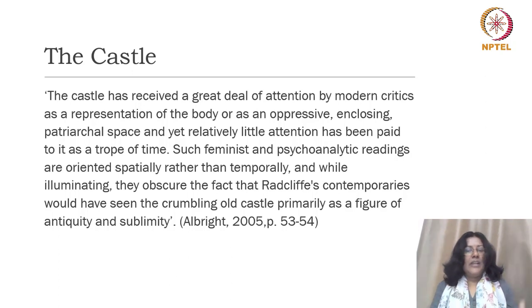So that is the point Albright is driving home here. Yes, it's a patriarchal space. Yes, it's a representation of a body, but most importantly, it's an object of antiquity. It's an object from ancient time, from the Middle Ages, from previous time, and this kind of castle evokes feelings of sublimity in the viewer.